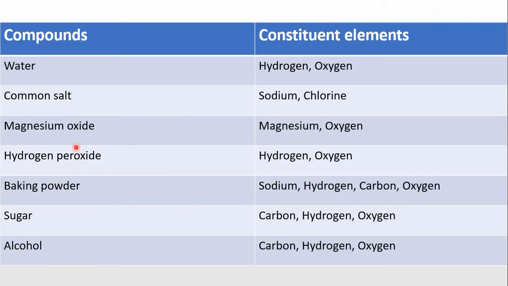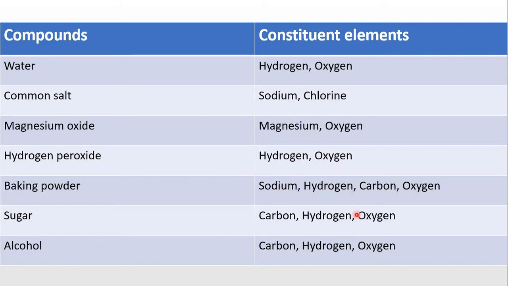Yes, so these are some examples of compounds and their constituent elements. Water: hydrogen and oxygen. Common salt: sodium and chlorine. Magnesium oxide: magnesium and oxygen. Hydrogen peroxide: hydrogen and oxygen. Baking powder: sodium, hydrogen, carbon, oxygen.